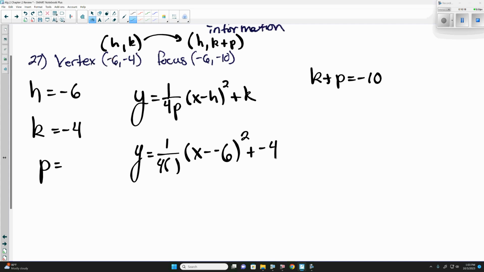The only thing we're missing is the value of p. So we do know that k plus p is equal to negative 10. Well, k is negative 4, so negative 4 plus p is negative 10. We would add 4. Negative 10 plus 4 is negative 6.